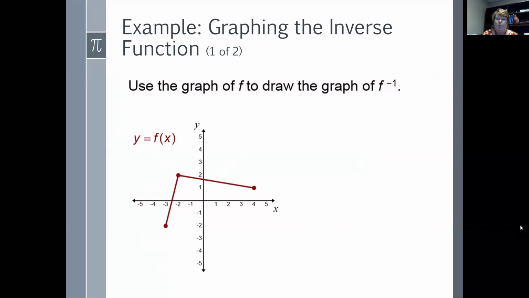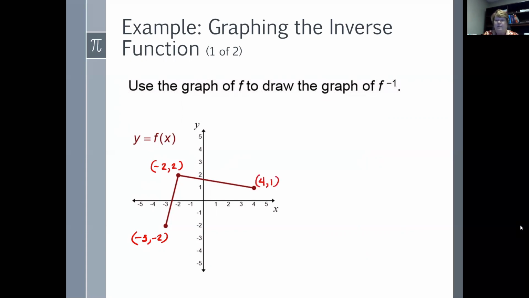The first point that we have over on the left there is -3, -2. The second point, going from left to right, is -2, 2. And then the third point going to the right is what, 4, 1?